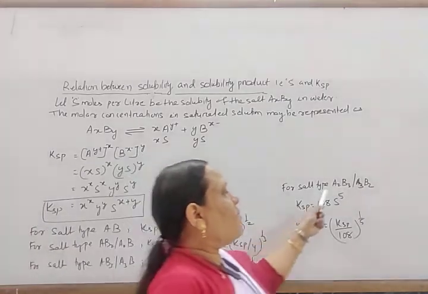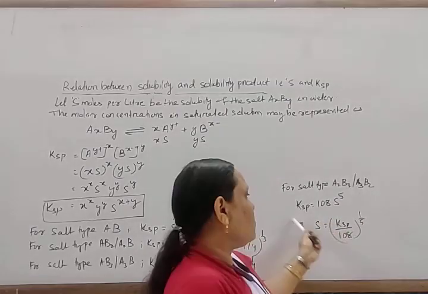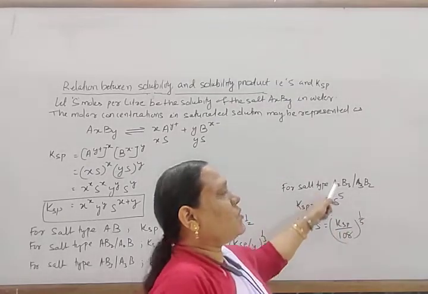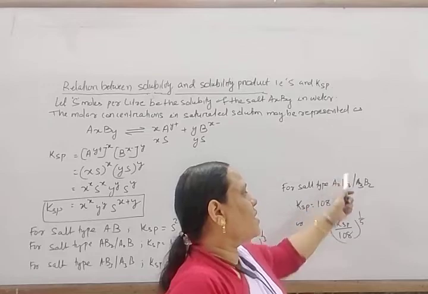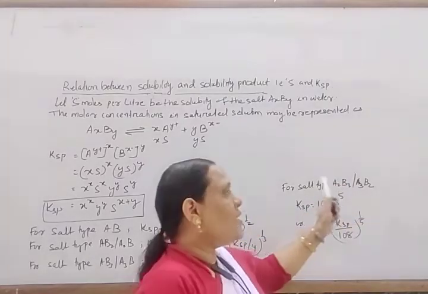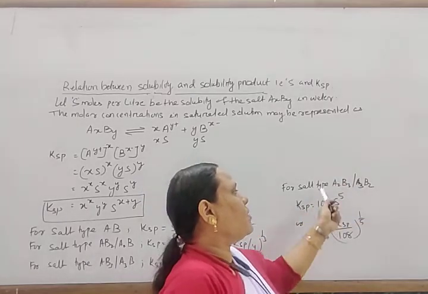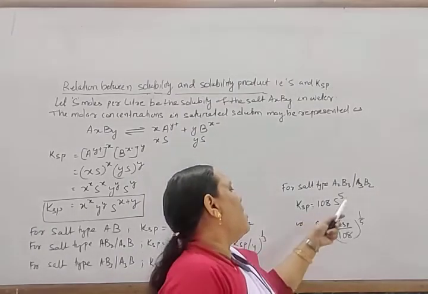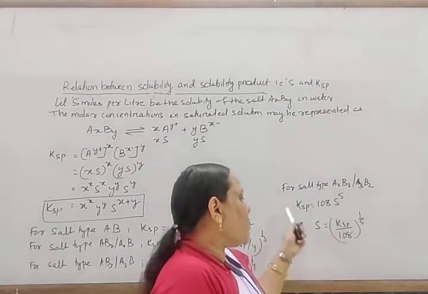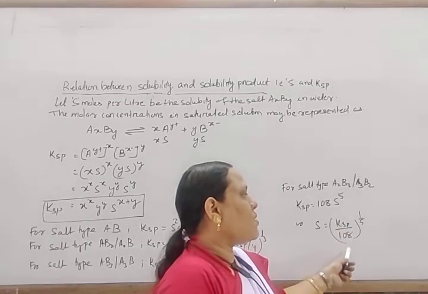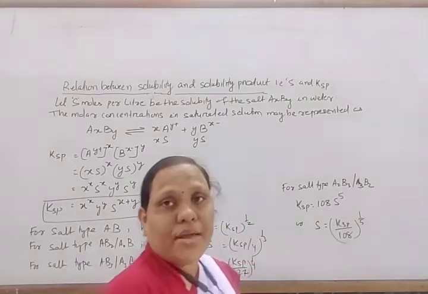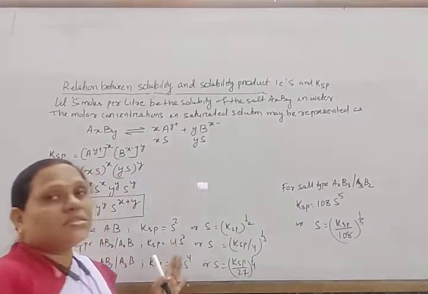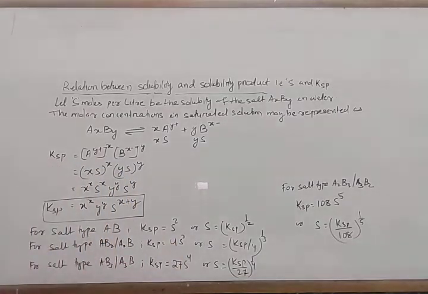Similarly, for salt type A2B3 or A3B2, Ksp is equal to 2 to the power 2 into 3 to the power 3, S to the power 2+3. This value is equal to 4 into 27, which is 108, S to the power 5, or S is equal to (Ksp/108) to the power 1/5. So this is the relationship between solubility and solubility product.